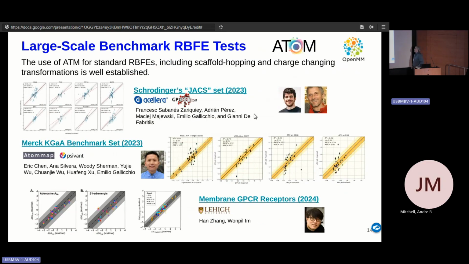So in terms of standard RBFE calculations, what we call standard, the method has been tested in the past 2 years or so. It was also tested for membrane-bound receptors.